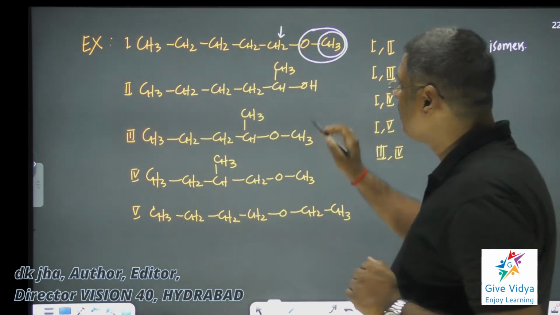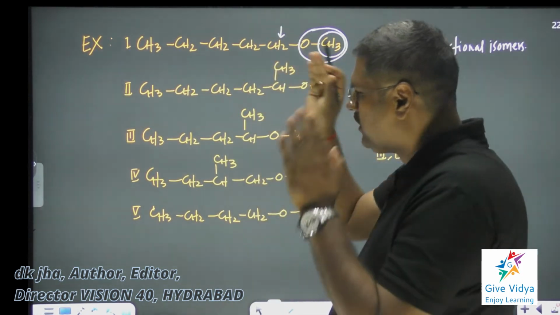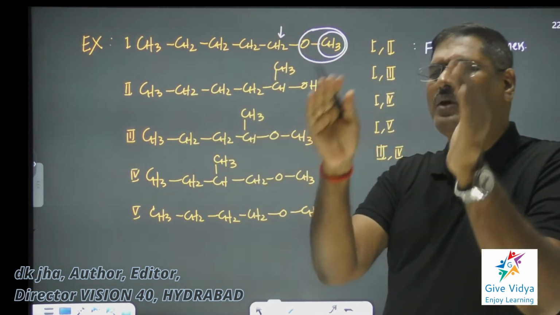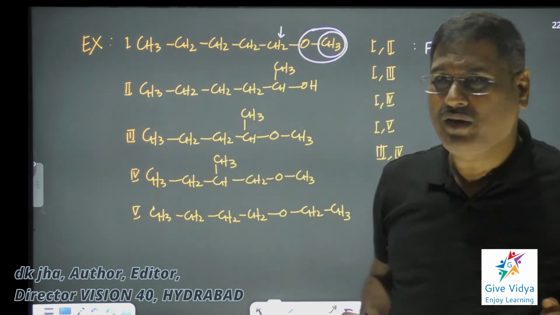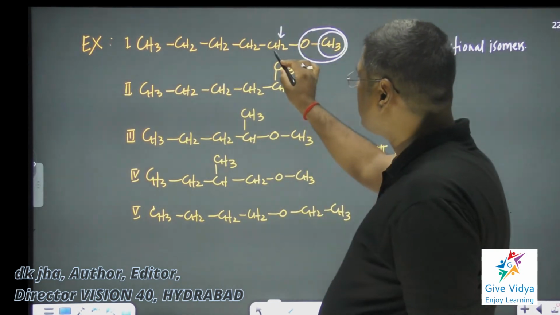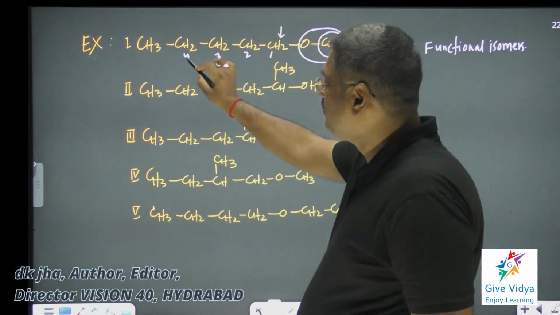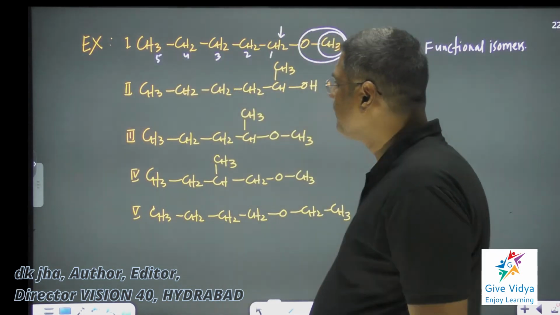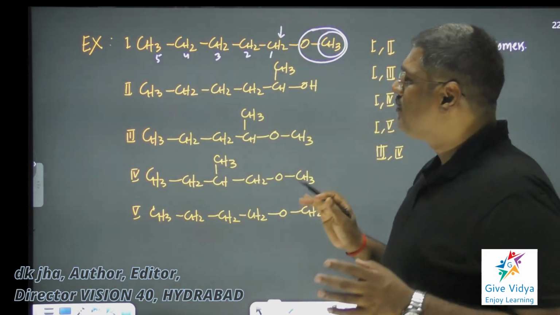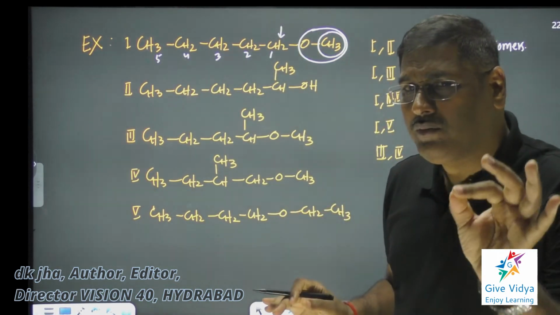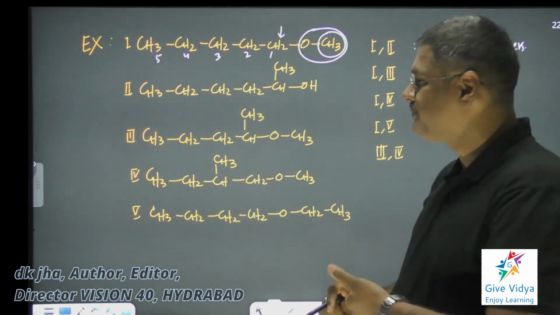So here, when you analyze this one, first you should have clarity about what molecule has been given. In this case, the molecule is 1, 2, 3, 4, 5. This one is methoxypentane, 1-methoxypentane.